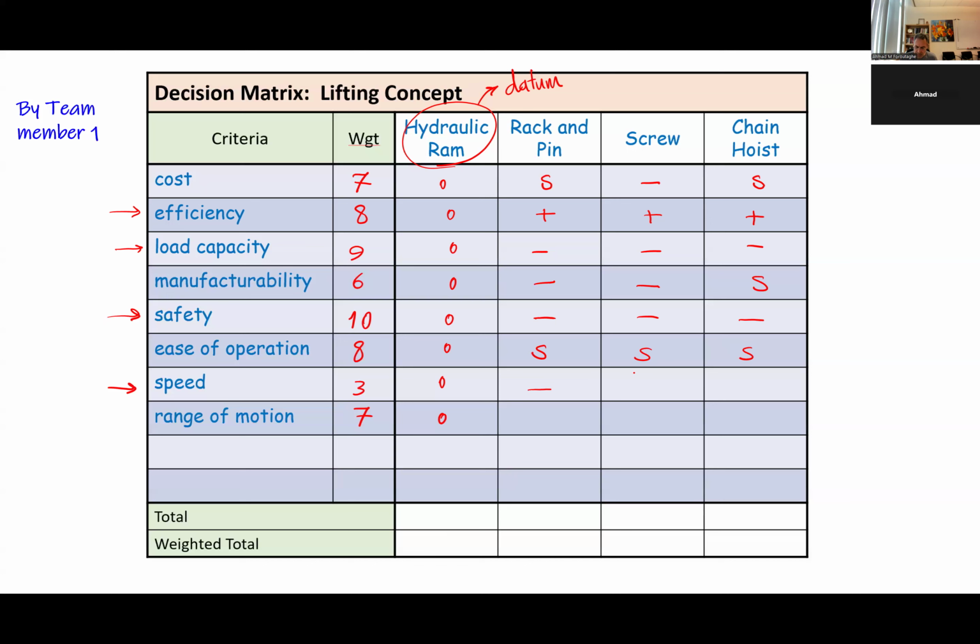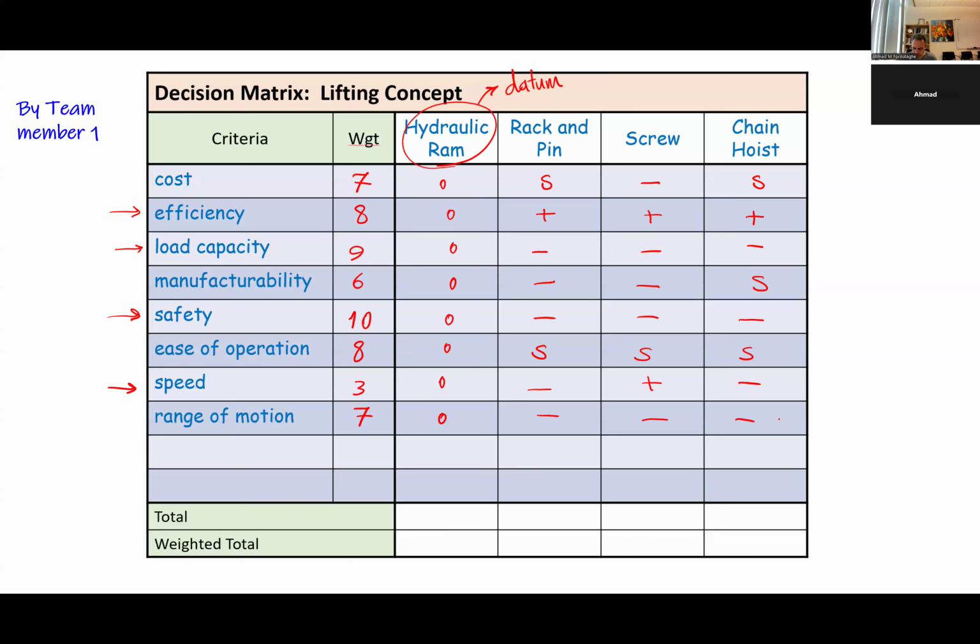Perhaps speed, maybe rack and pinion is a little bit slow because it involves gears. Perhaps screw is faster, especially if you have a good power screw, it can rotate fast. And chain is going to be worse. What about the range? I would say hydraulic has the best range of motion, so all of them are going to be worse than that.